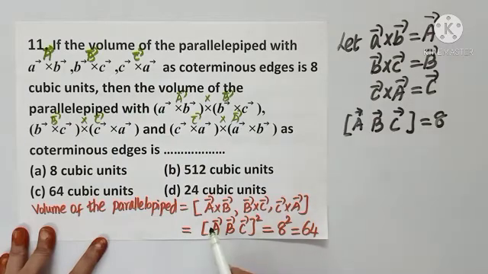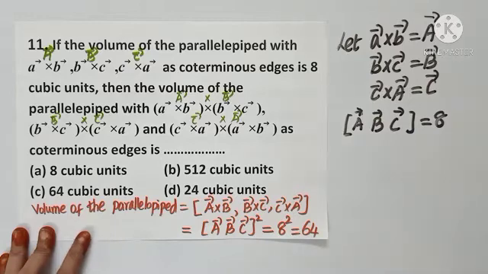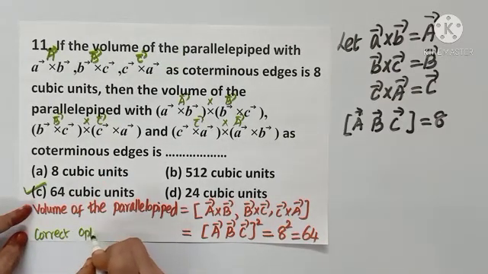But we know the formula: the box product [A cross B, B cross C, C cross A] is [A, B, C] the whole square. We know [A, B, C] is 8 given in the question. So 8 square is 64. So the correct option is C.